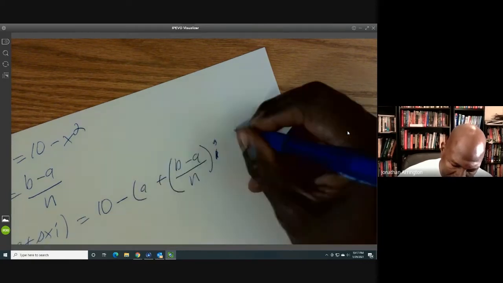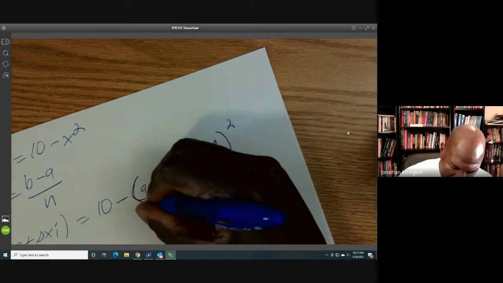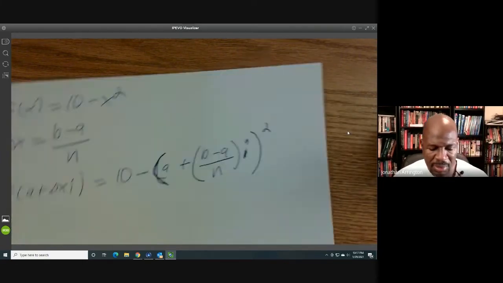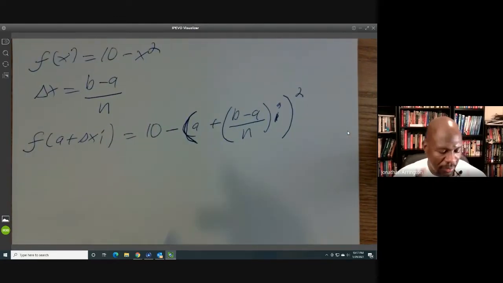And all of that junk is being squared. Let me make these parentheses somewhat of equal length. And so this is f of a plus delta x i.